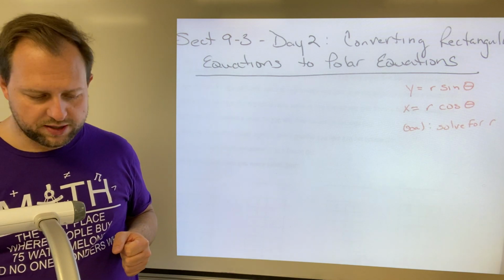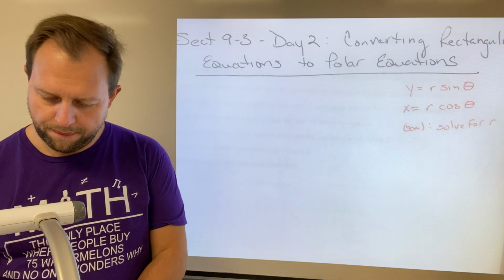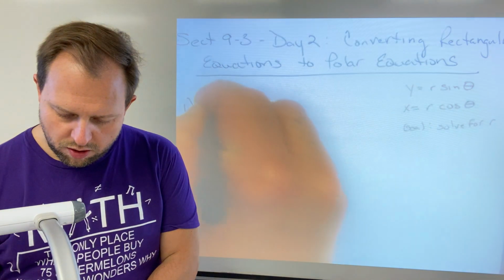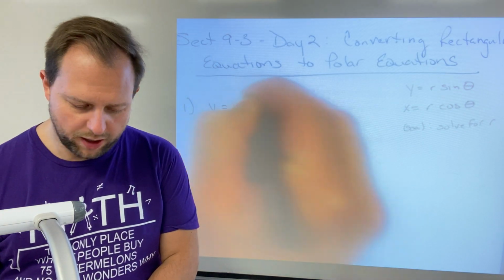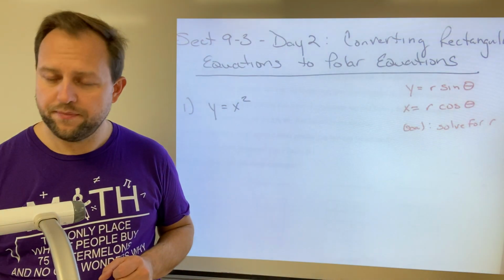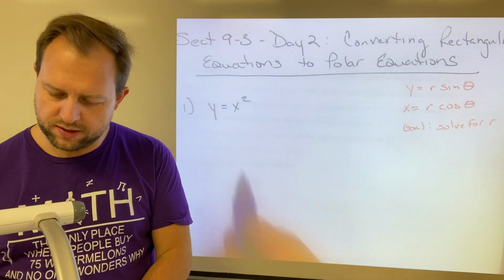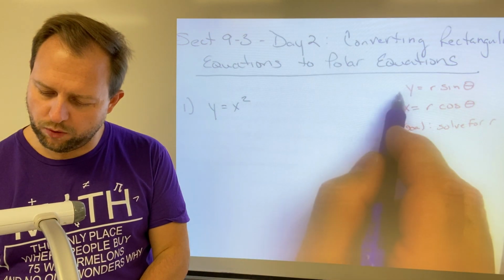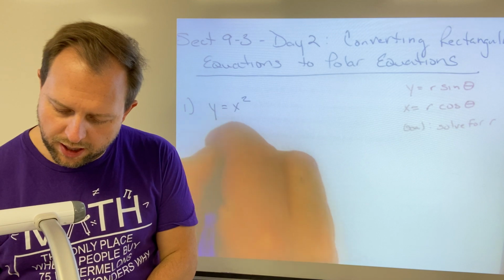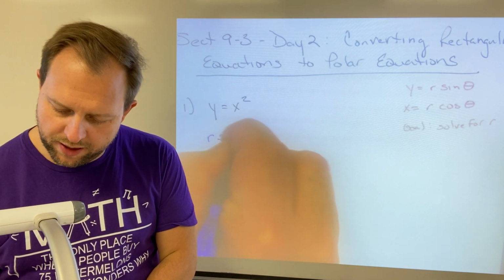And so we're going to start with an equation: y equals x squared. Okay? And when we go to solve this, we've got to substitute for y. We're going to put in r sine theta.